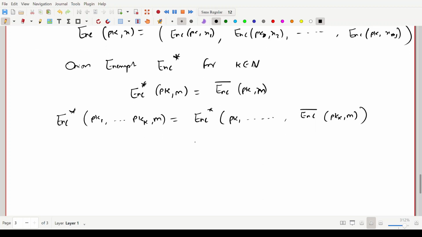Okay, so first, by using the kth party's public key, it was encrypted. Now this is my new ciphertext. I have to encrypt with pk k minus 1. Do you see, every time I have to do the same thing? So it is something like, let me just write, it will be encryption with the public key 1 of the ciphertext of encryption with the public key 2, and so on.